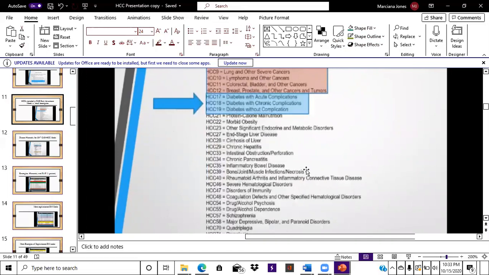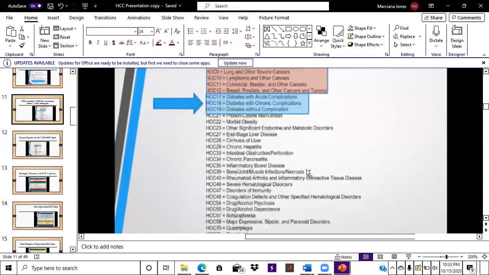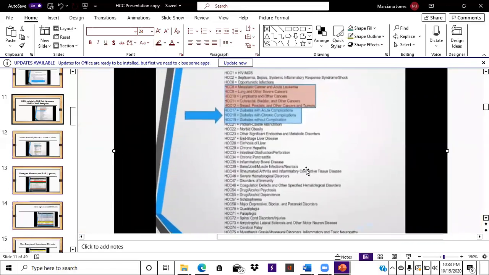So for cancers, you see it's 8 through 12. HCC 8 is metastatic cancer and acute leukemia. HCC 9 is lung and severe cancers. 10 is lymphoma and other cancers. 11 is colorectal, bladder, and other cancers.